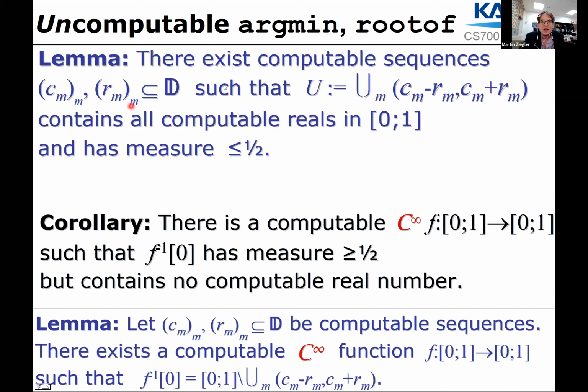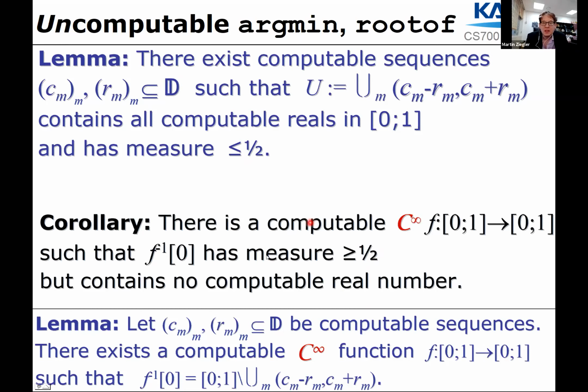And that's obviously the consequence of combining these two lemmas, right? First, there exists a computable sequence that covers all computable reals and has small measure. And then the second lemma says we can convert that into a function with the required property. And since this has measure less or equal than 1/2, the remaining set has measure strictly greater than 1/2.